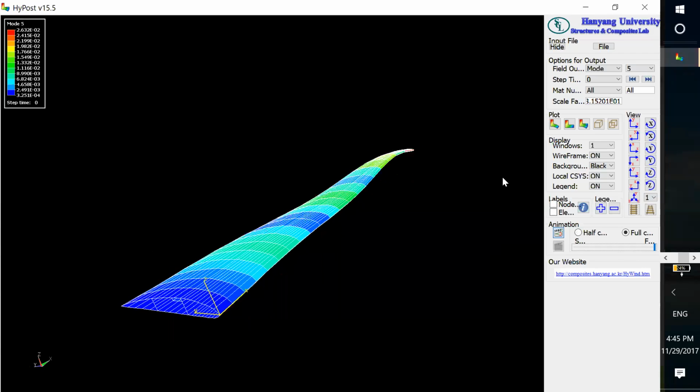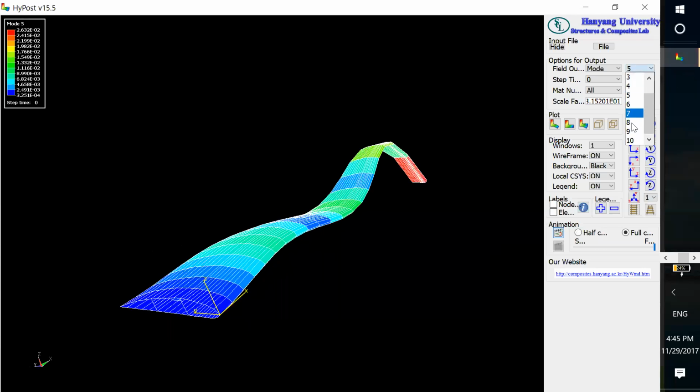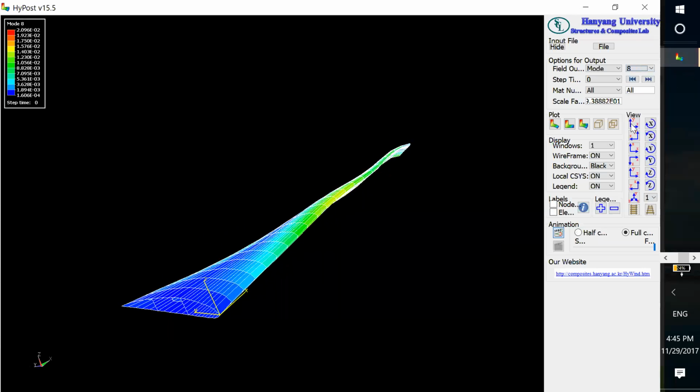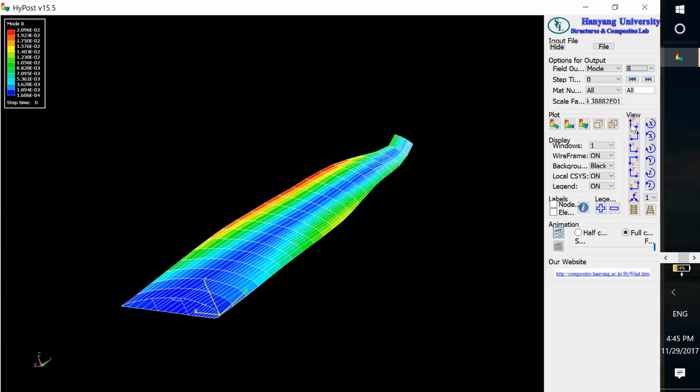So all these structures have their own natural frequencies, many natural frequencies. And sometimes there's a twisting. So it's like this, and like that, and like that. It's like a break dance.